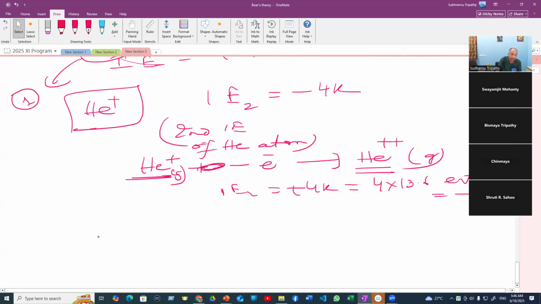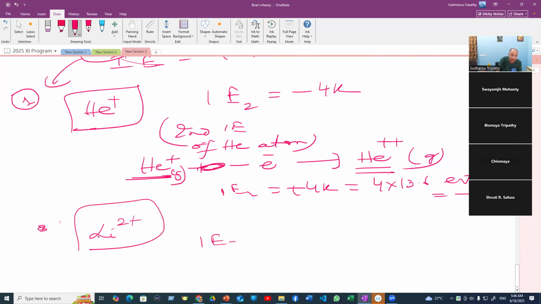And for Li double plus, the IE3 we can measure. The first electron, second electron, IE1 and IE2 are determined in a different experiment. We will not talk about that. But Bohr's theory is applicable to determine the conversion of Li2 plus to Li3 plus. That is called the ionization energy of Li2 plus, or the third IE of lithium atom.